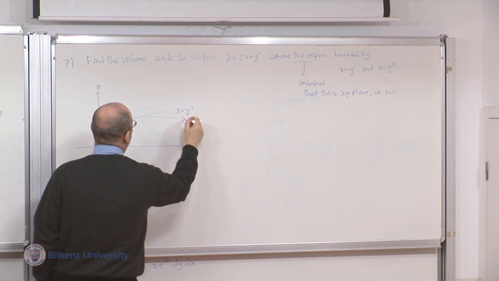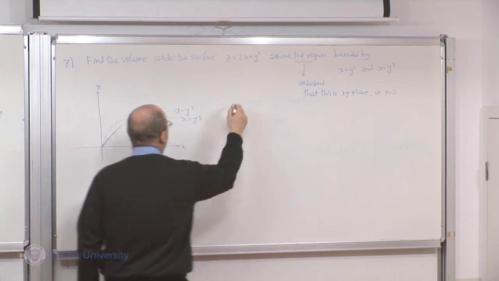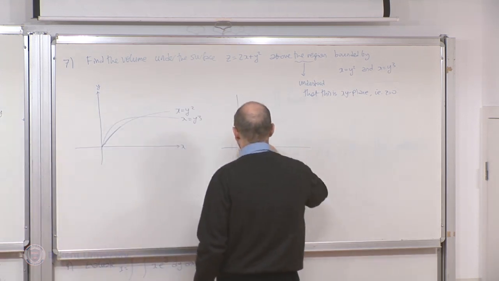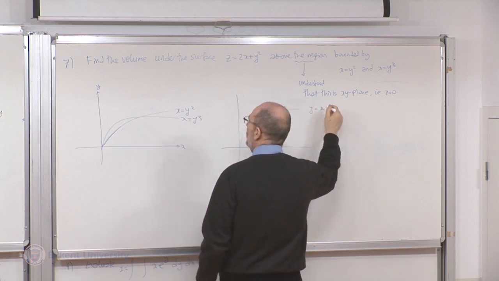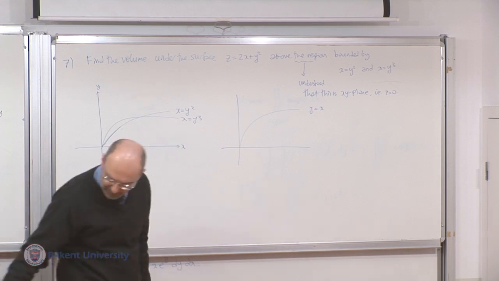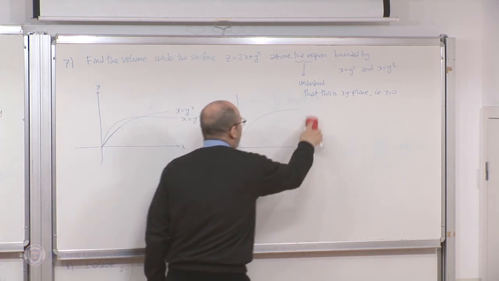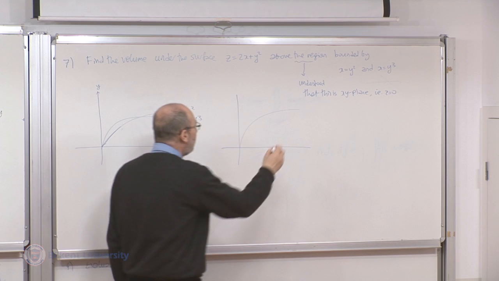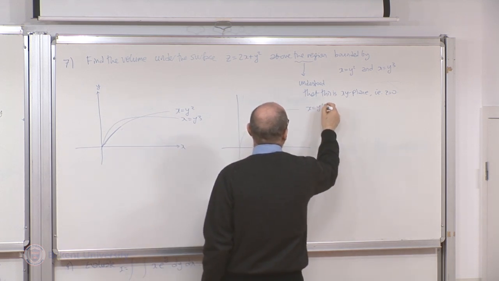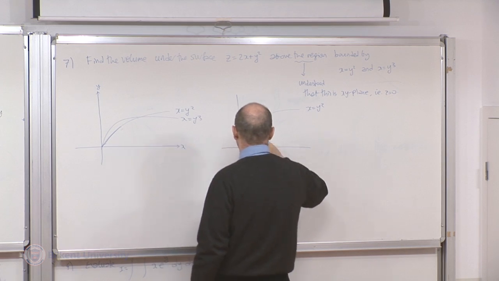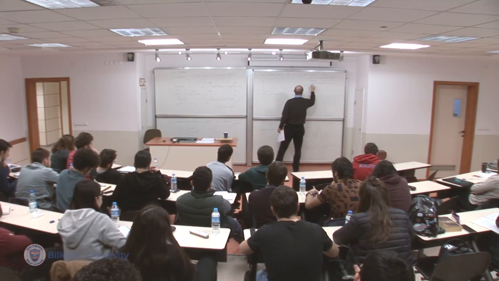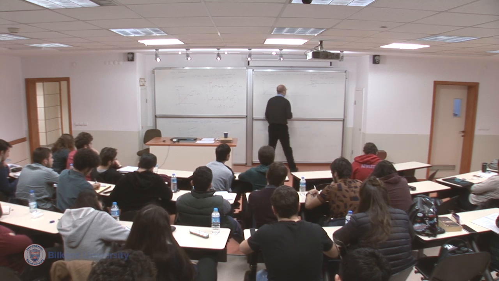Of course, it doesn't go down, but I'm writing it y cubed. And the other one will be like this. So this is fatter. X equals y square, and so the other one is x equals y cubed.